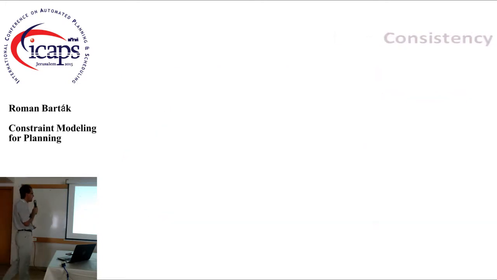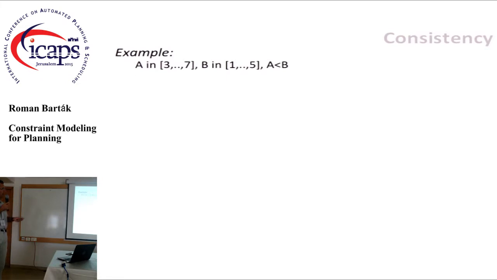Okay, so this is about search, but actually what's more typical for constraint satisfaction is inclusion of the consistency techniques. So very briefly, if we have a problem like this one, two variables A and B, A is smaller than B, then we don't need to blindly explore combinations of values and verify whether the constraint is satisfied.